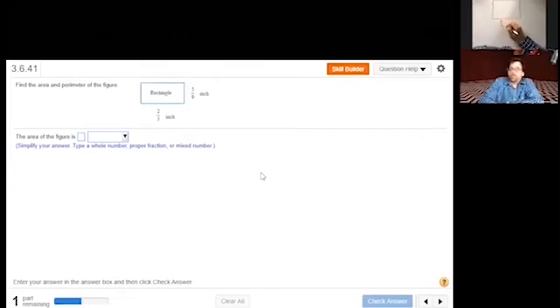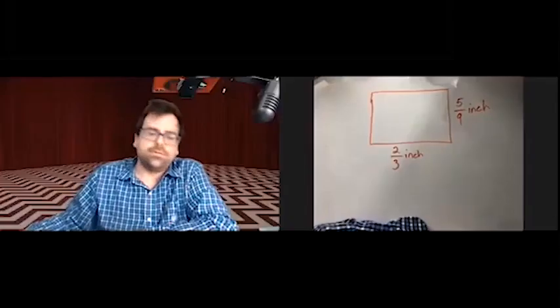We have a length of 2/3 of an inch. We have a width of 5/9 of an inch, or width and length, really doesn't matter which. Doesn't matter what you call what. We're going to look for the area. We're going to look for the perimeter.